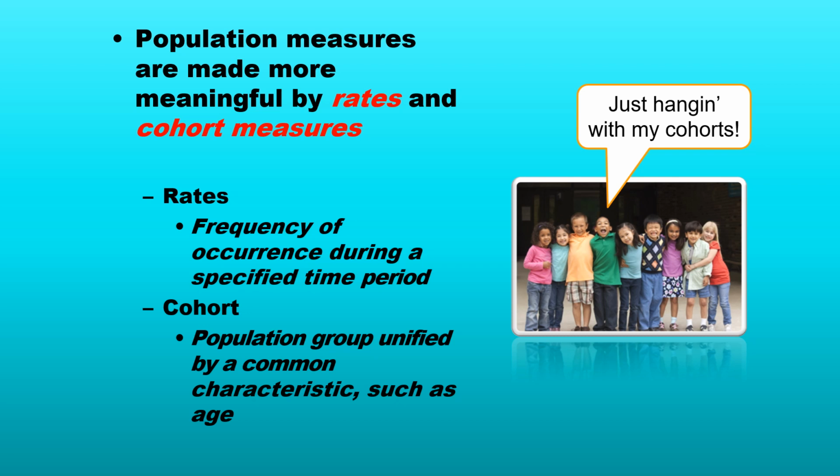Well, this will come up when we look at the age-sex distribution of populations, population pyramids, and so forth. That's a population group that's unified because of some common characteristic, and usually cohorts and generations can be used synonymously. Let's take a look at some information on that.